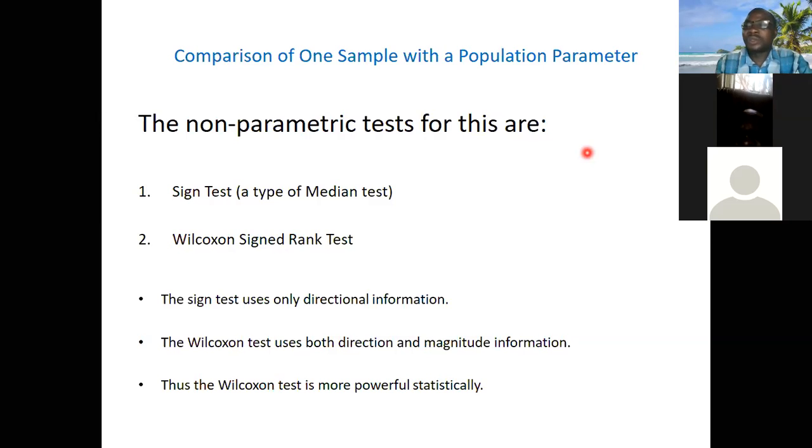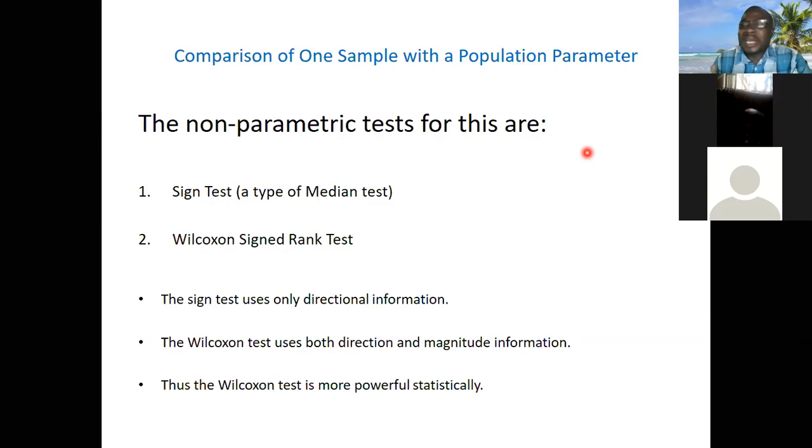In that case, that is a one sample test. The way we have it in parametric, we also have it in non-parametric. For the one sample t-test, the non-parametric counterpart is the Wilcoxon signed rank test, or the sign test.